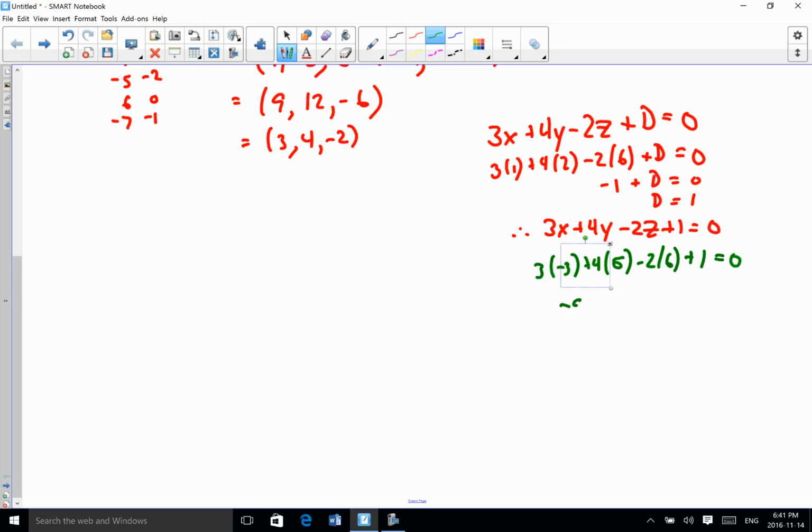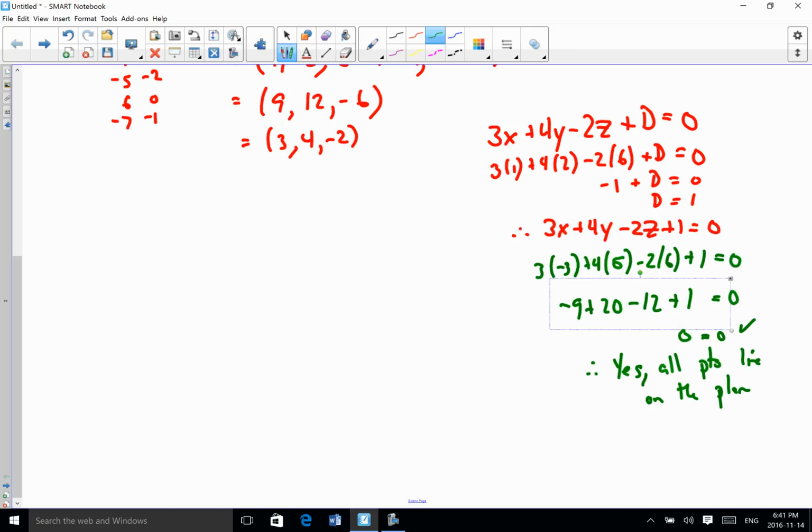So we'll get -9 plus 20 minus 12 plus 1, which gives us 0 equals 0. So yes, all points lie on the plane. Now you could have done it in any other order. You could have made a plane equation using A, B, and D, or A, C, and D, or B, C, and D, and just check the 4th point. It's going to work no matter what.